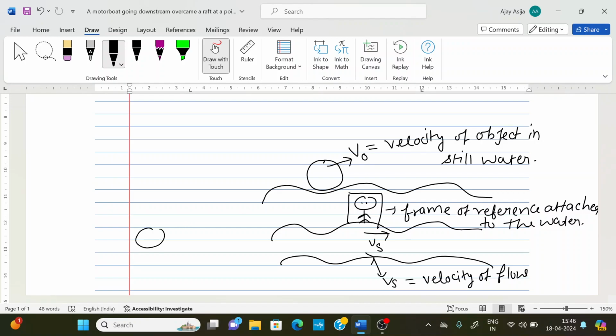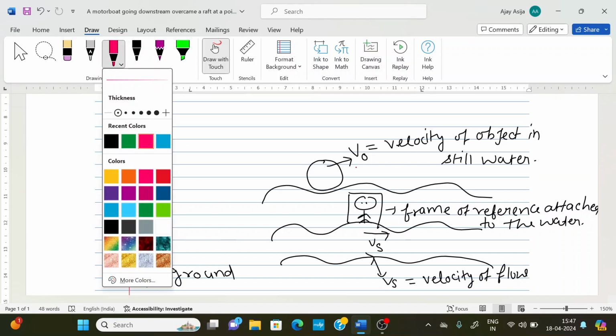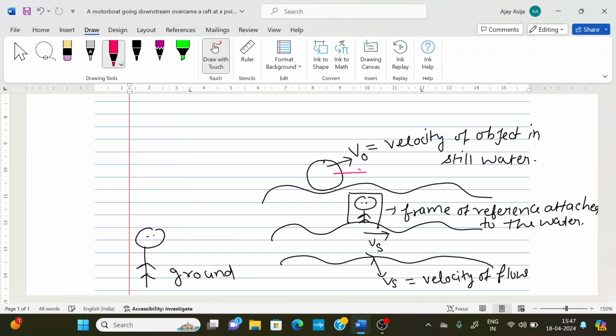In second case, we are observing the object from ground frame of reference. Means observer is on the ground. Now there may be two cases. One for the motion of object in the direction of flow, which is called downstream motion.